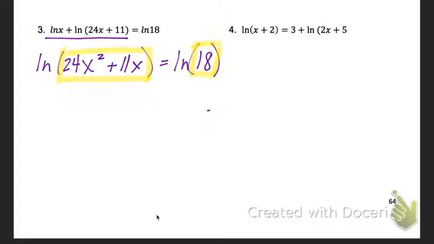Since they both have the same base of e, I can drop the ln's. Since one is on the left and one is on the right, they can just go away. But don't you have to factor it? Yes, now I do.